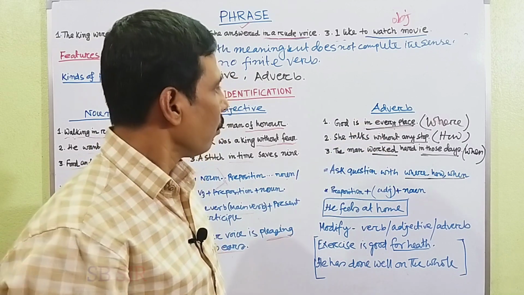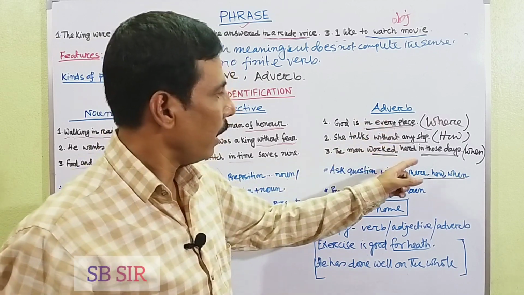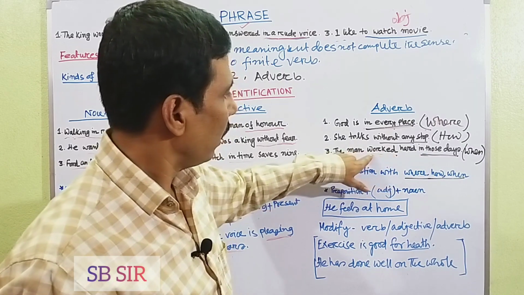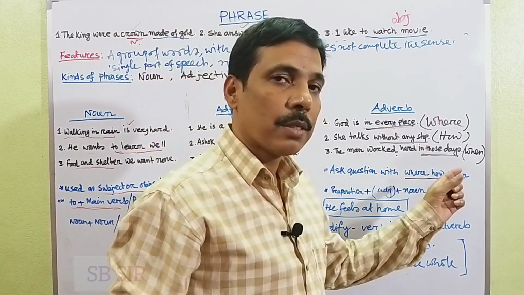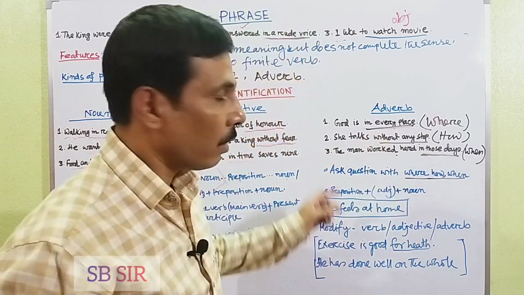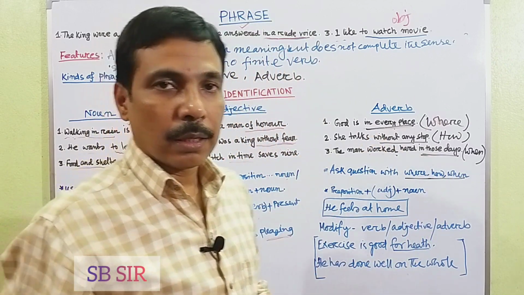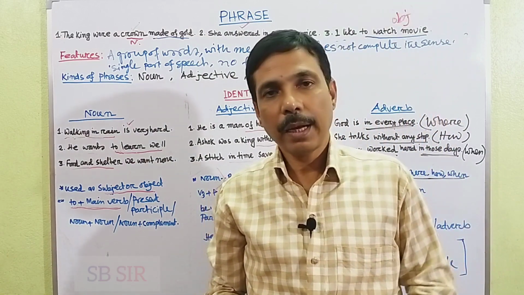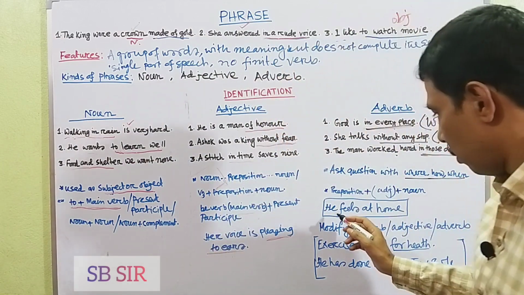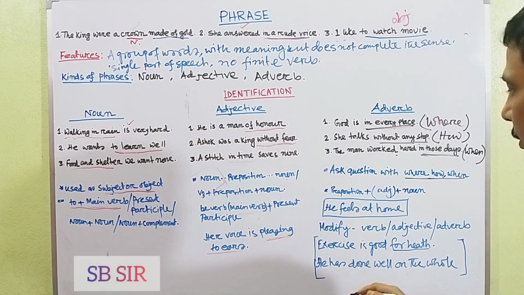But one thing you notice is that all these 3 underlined portions are examples of adverb phrase, and all these modify a verb. But I have already told you that an adverb modifies a verb, adjective, or another adverb. So I have taken another 2 examples.